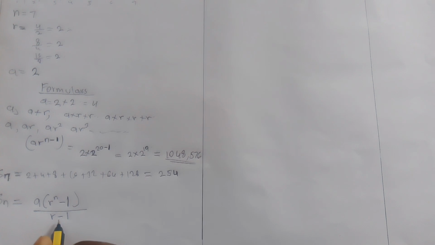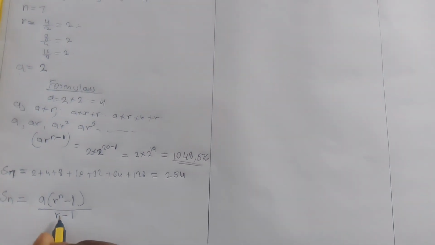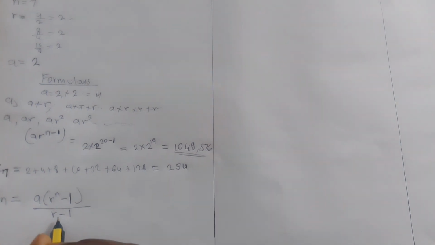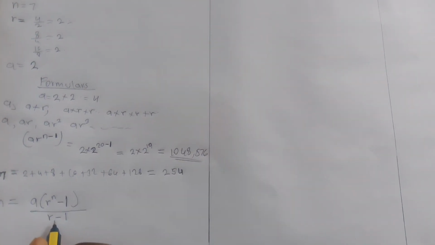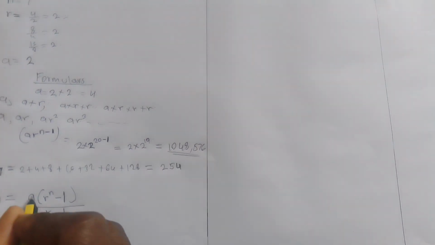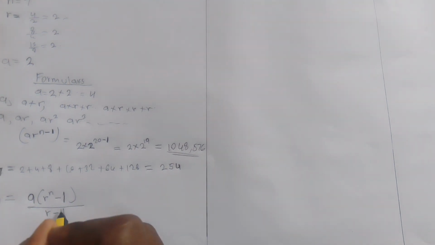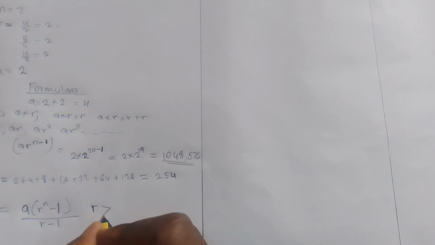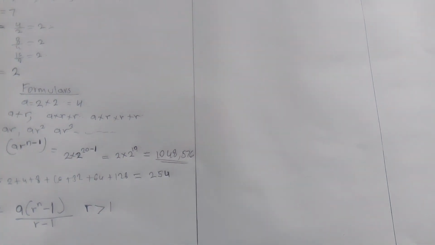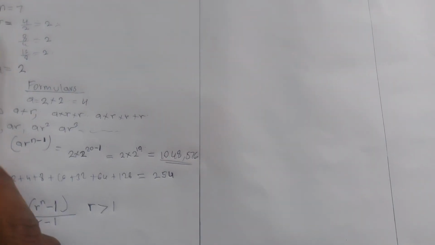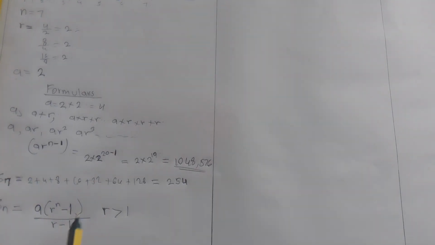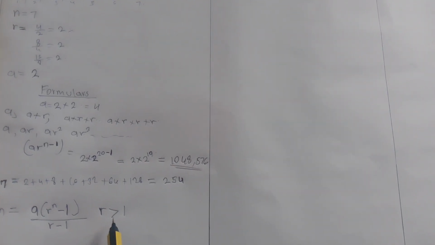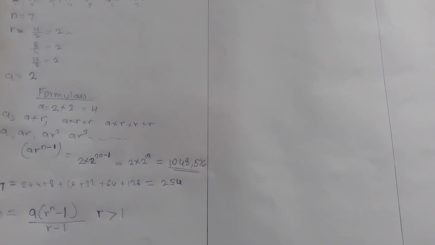This formula you can get in an SMP table or logarithm table. If you look at the back pages of the logarithm table, you will get this formula. This one is applied where r is greater than 1. In our case here, our common ratio is 2, which means that our common ratio is greater than 1. So it's very easy to apply this formula.